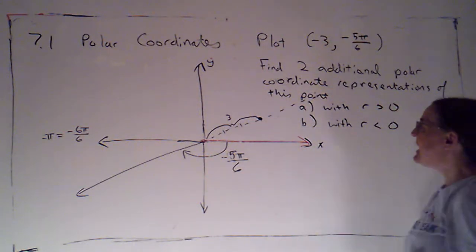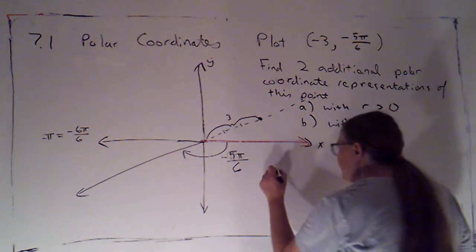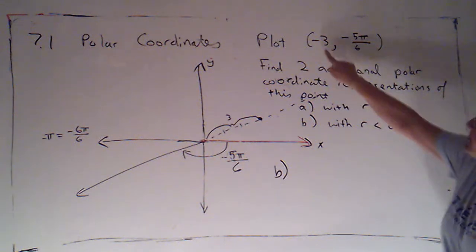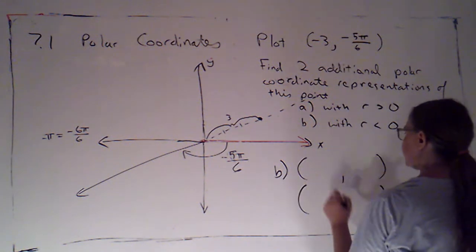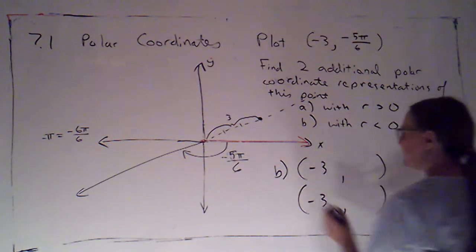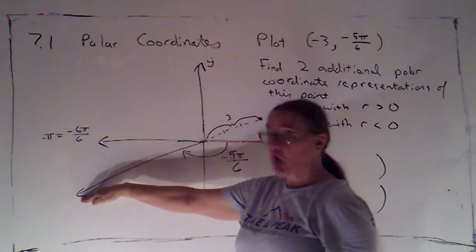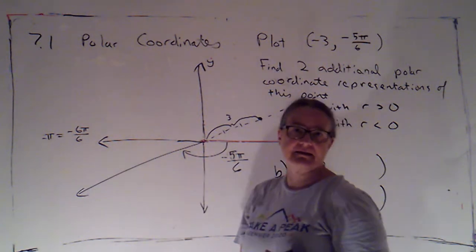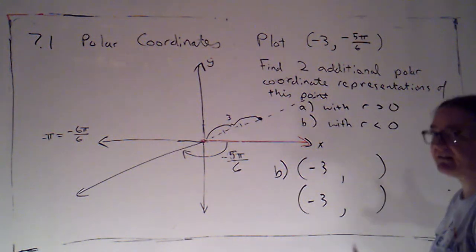Okay. Now, in finding additional names, I'm actually going to do part B first, with r being negative, because r is already negative. So these points would just keep that same r value of -3, and I just need a theta value that is coterminal with -5 pi over 6. And I think the simplest way to get that is just to add 2 pi.